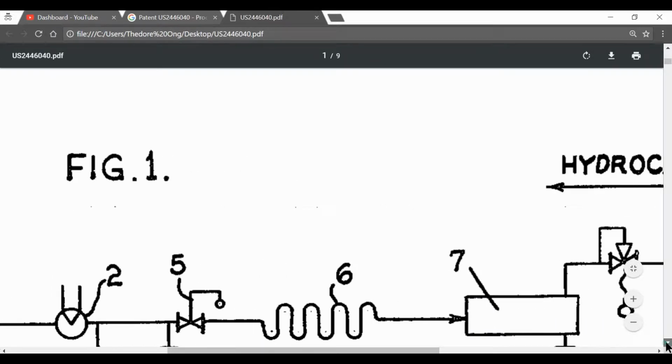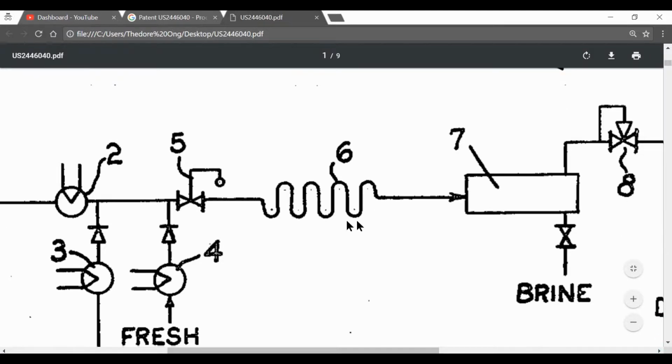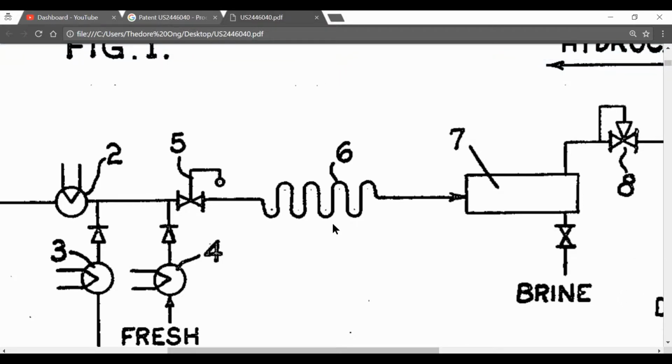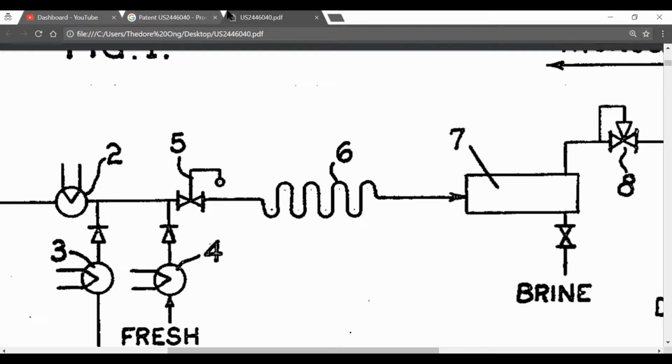So this squiggly line you see in the center of the screen is an agitator. It's basically a mixer that is supposed to mix up the water and oil. It's the same as you pouring water and oil into a plastic bottle and you're shaking it up really badly. So that's what number 6 is. Number 6 is the mixer part.